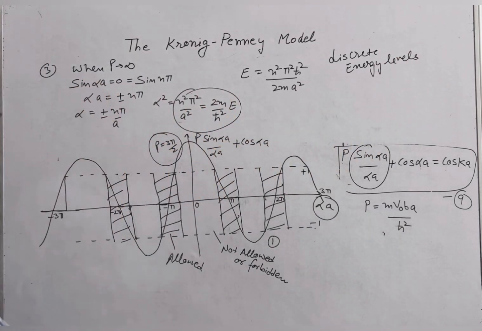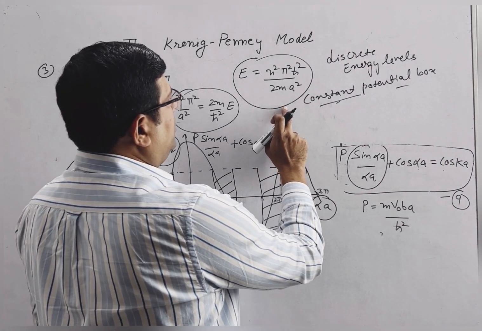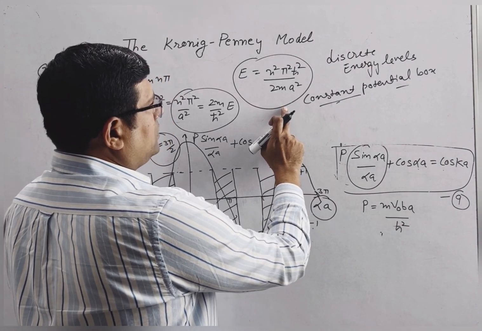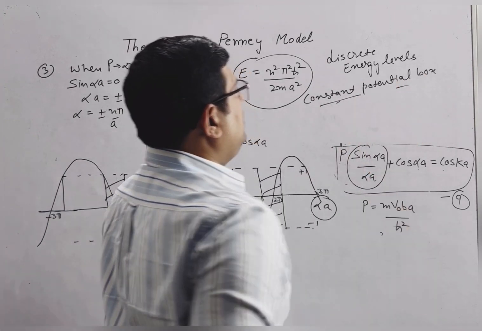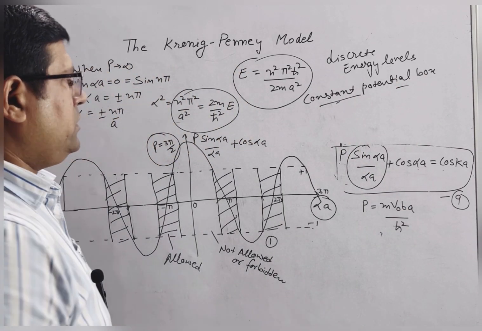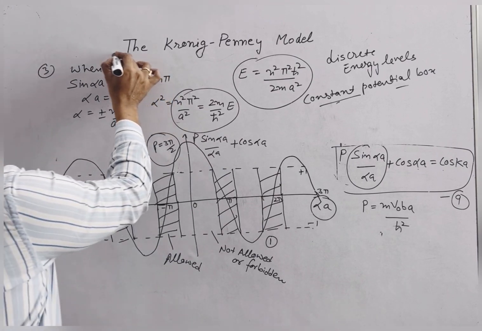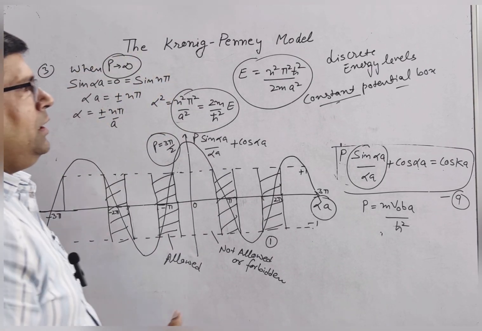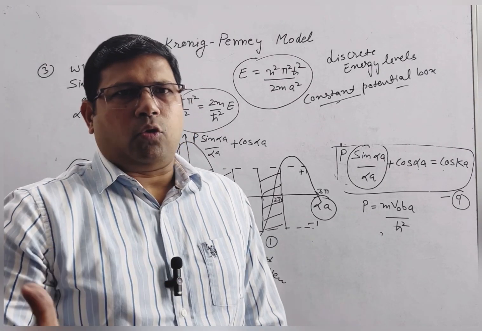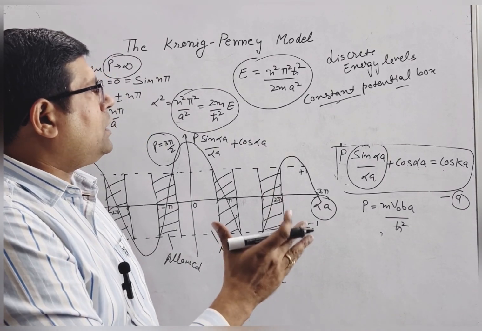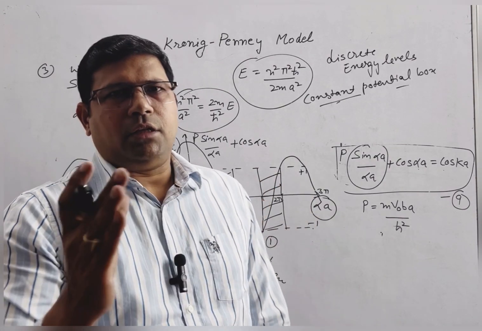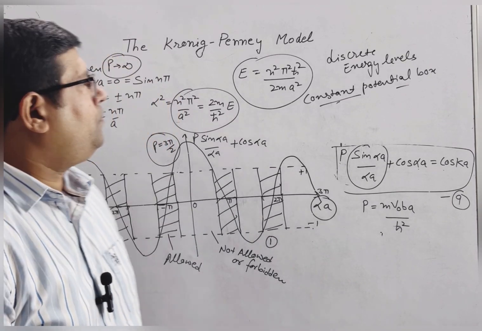This result is similar to the energy levels of the particle in a constant potential box of atomic dimension. If P is large, then the tunneling of electron is almost impossible. The electron cannot penetrate the potential well.